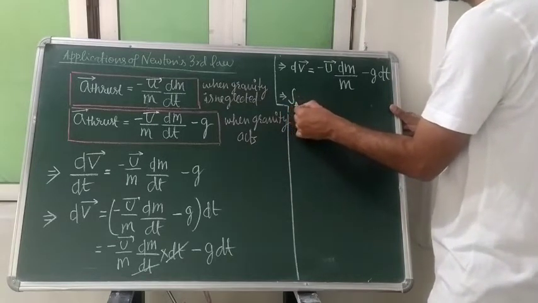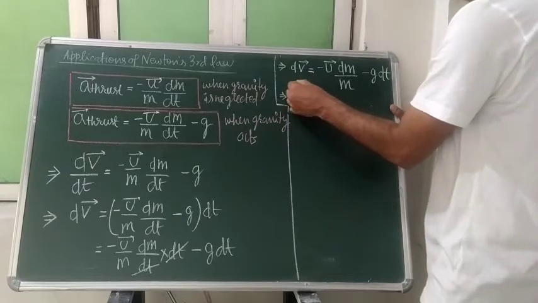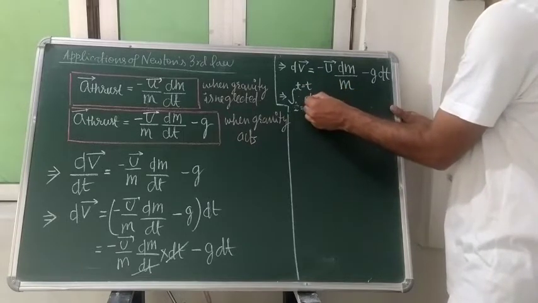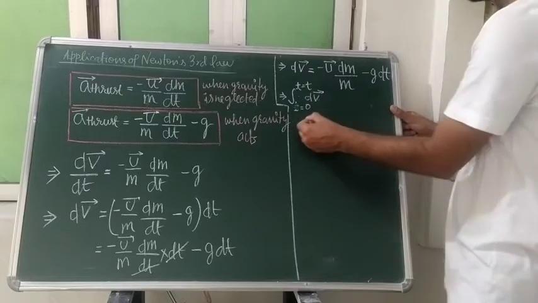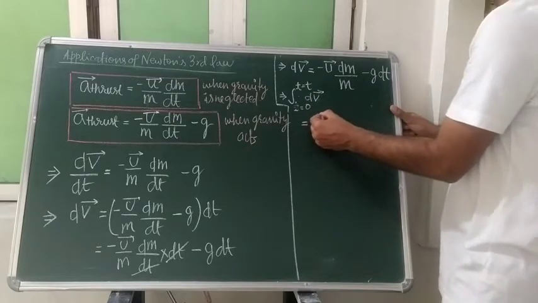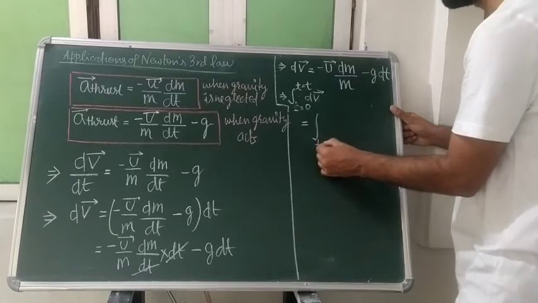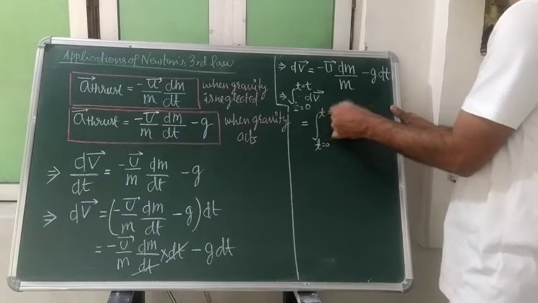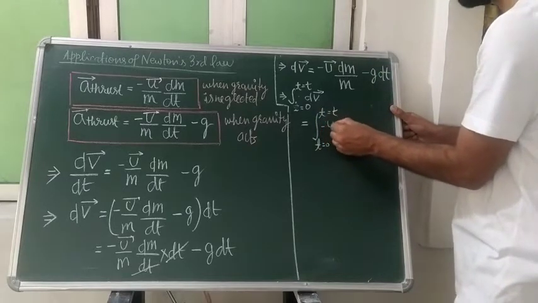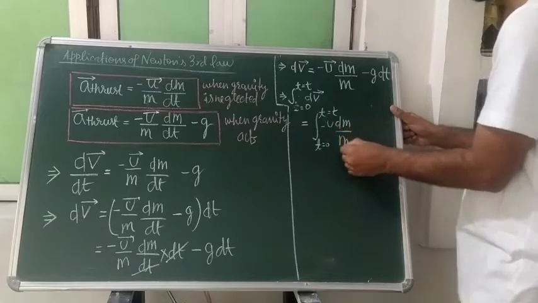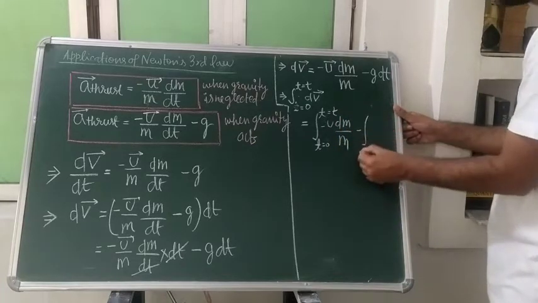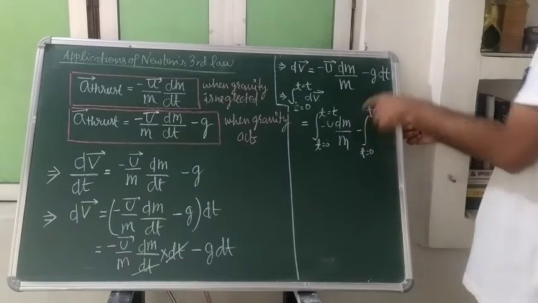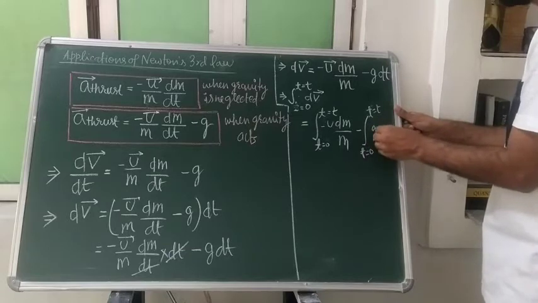From time t equals 0 to time t, we are integrating this del V. So here also, from time t equals 0 to time t equals t, minus u times del m upon m, and minus g del t, with time varying from 0 to t.